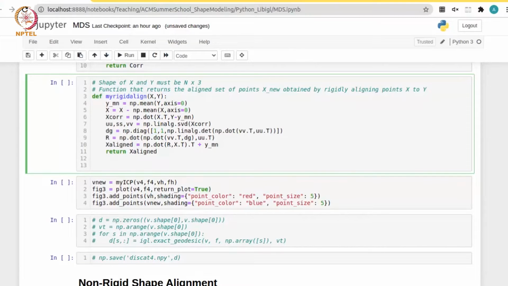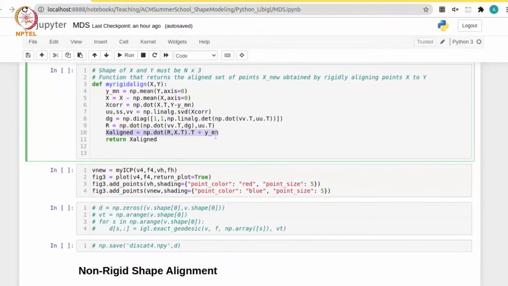That is the input, and then it finds the best optimal rigid transformation using SVD as discussed in the morning, and then also applies these rigid transformations that you have just found on the set of points X. So remember, in this myRigidAlign function, it aligns the set X to the set of points in Y, not the other way around. Please be careful. These two functions are already given.